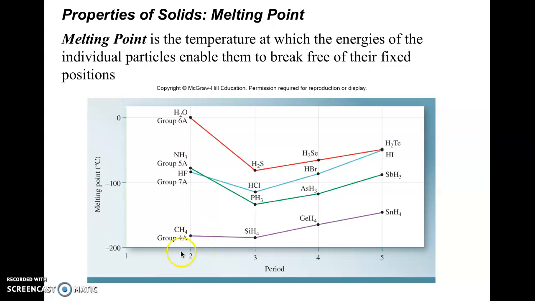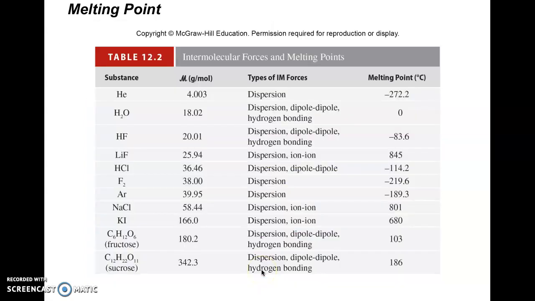The only one that seems to fit in the group is methane, and that's because it has very low electronegativity. And here's a list of some of the types of intermolecular forces and the melting points, and you can see it varies by the mass and the type of intermolecular forces.